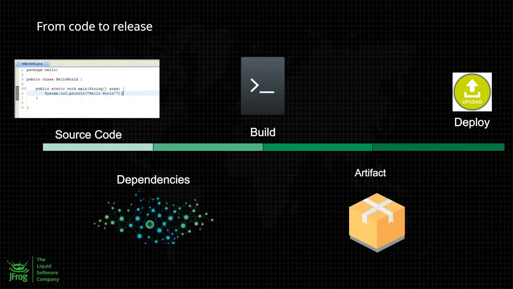So the first thing a developer does in a company when writing software is to write their own code and choose the dependencies they want to use. And then at build time, they will generate some artifacts and deploy them somewhere. This is basically what a developer is focusing on, and it's pretty simple and straightforward.